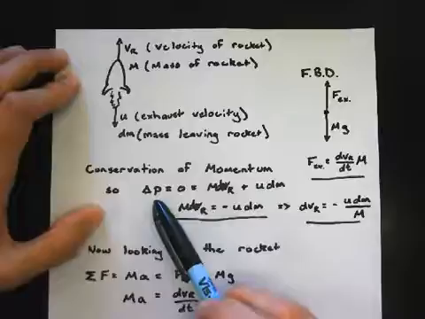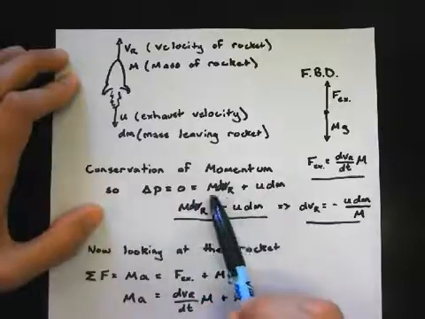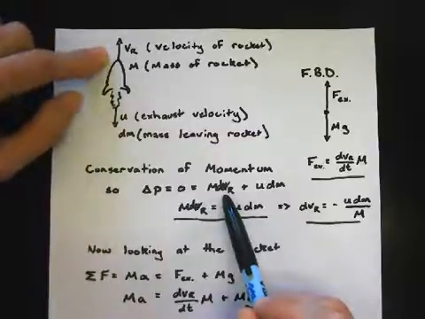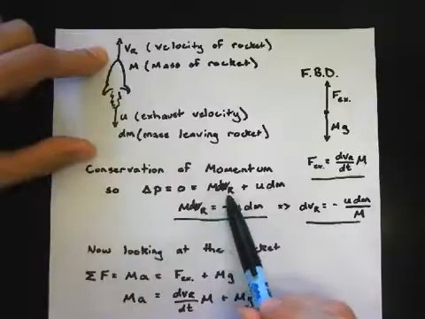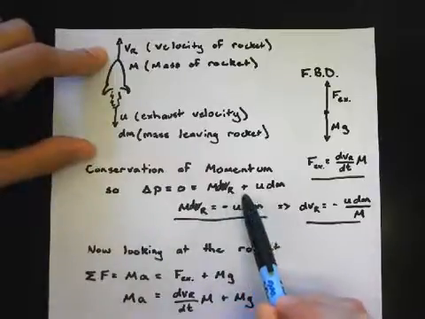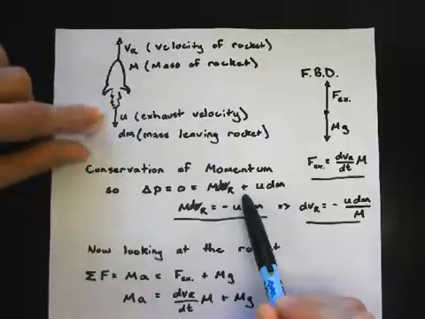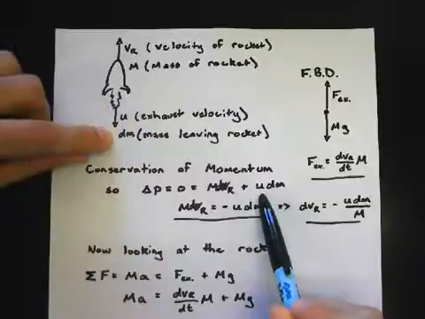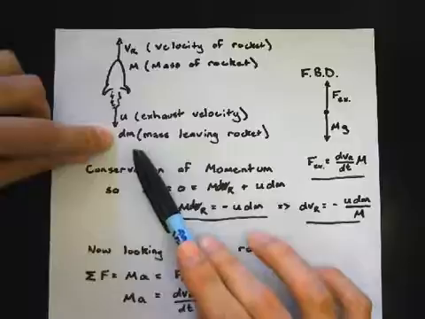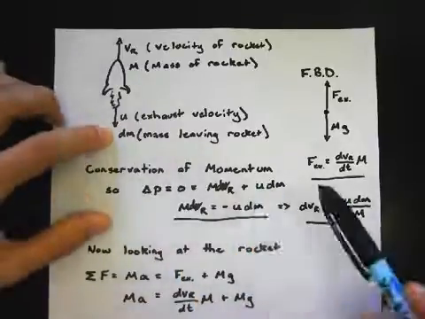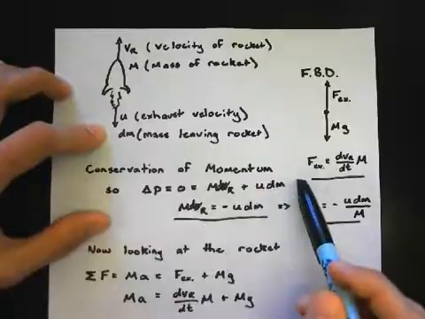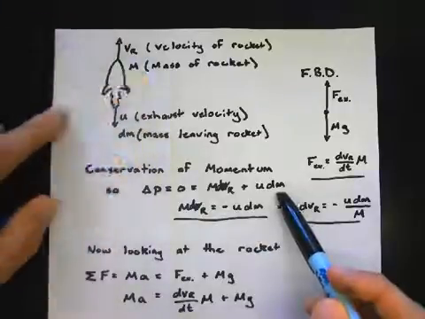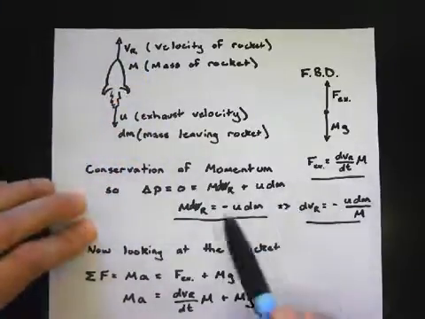So the change in momentum is equal to the mass times the change of velocity of the rocket, m dv sub r, plus the velocity of the exhaust times the mass of the exhaust leaving the rocket, so that infinitesimal amount of mass times u. All I did was add up all the momentum in this entire system, the rocket and the exhaust.